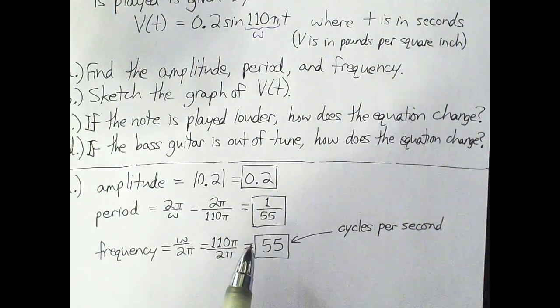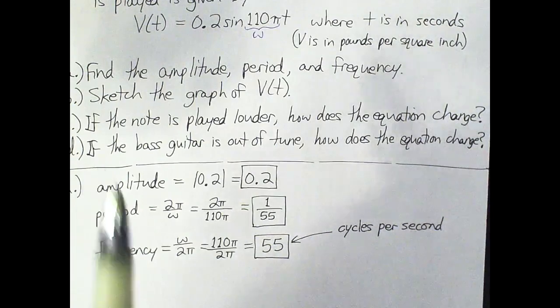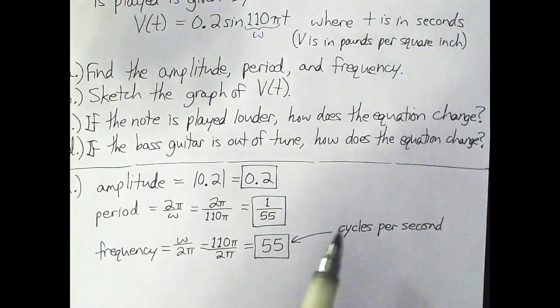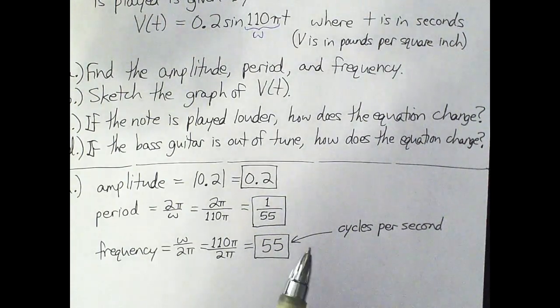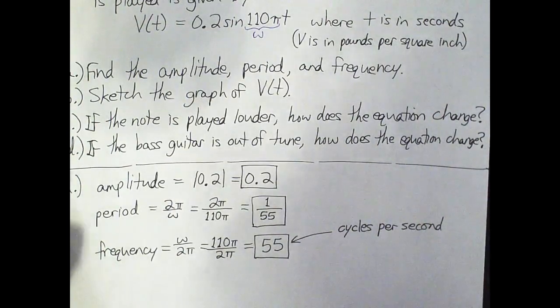So this vibrating guitar string is doing 55 complete up and down cycles per second. That's why I was saying we would need to record a slow motion video in order to really see it. 55 cycles per second.